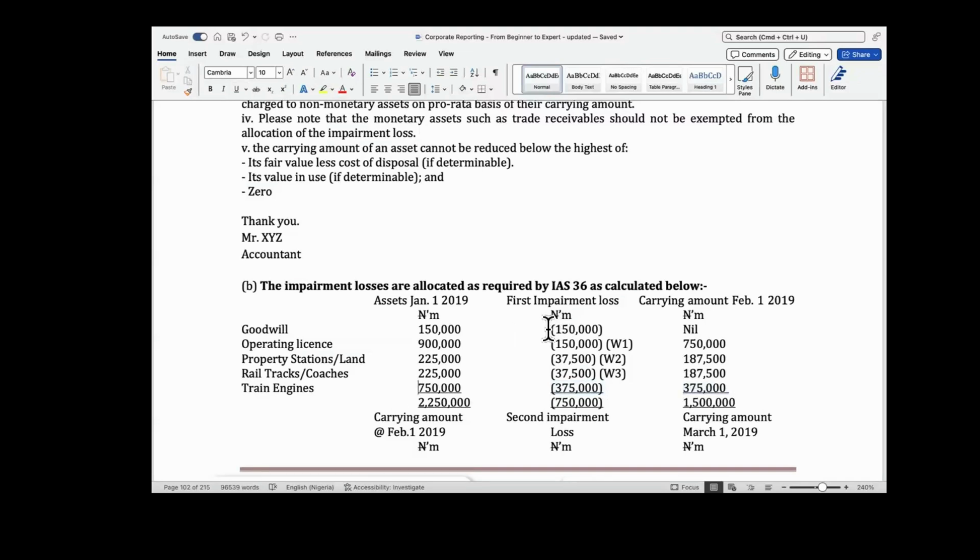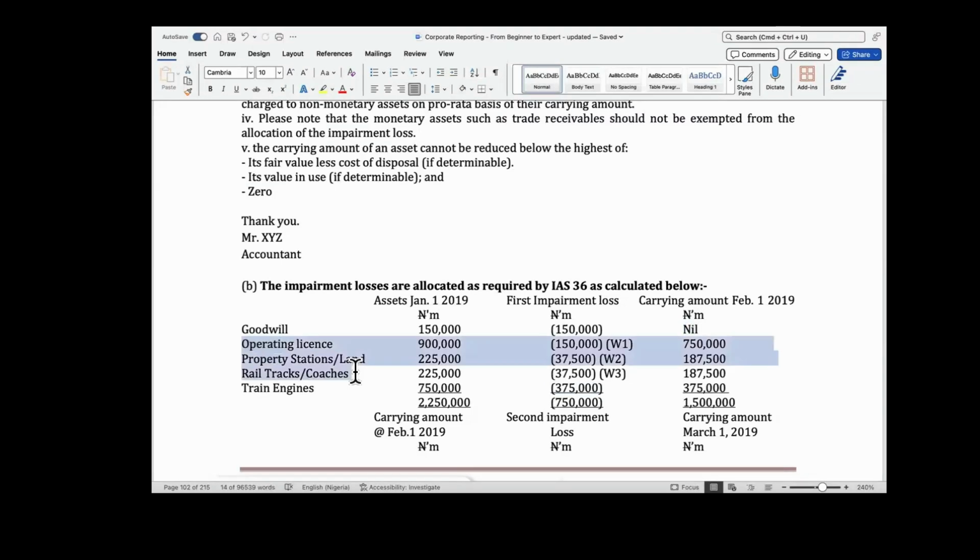Then of course, the next one is goodwill. Since the impairment loss is 750, it's a lot, so we can accommodate the entire goodwill. So nil. Then we are going to allocate the remaining value to other assets on a pro rata basis.